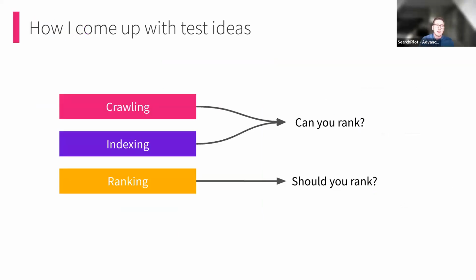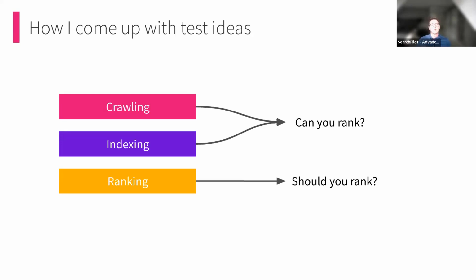When it comes to generating ideas, I like to use this framework that I've used for years. I used to use it in my consulting days, but I still use it when coming up with test ideas, which is to think of 3 core areas: crawling, indexing, and ranking. And then I subdivide that again into can you rank and should you rank.